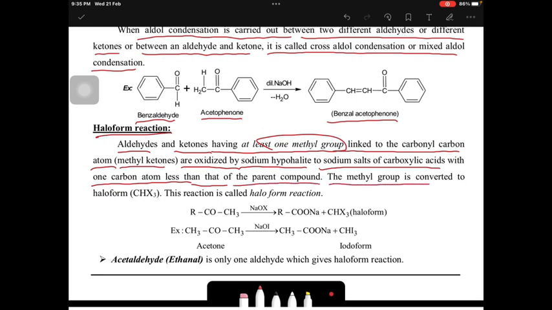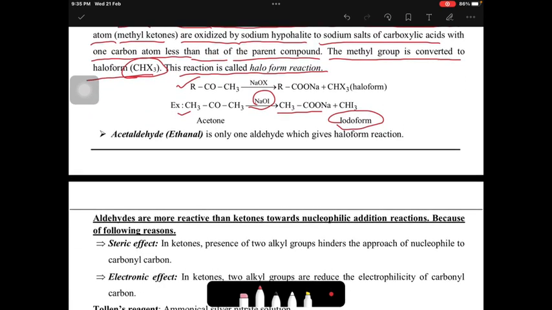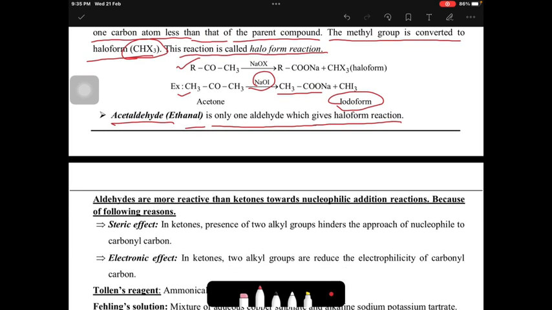The methyl group is converted to haloform, CHX3. This reaction is known as haloform reaction. In the general reaction, acetone treated with NaOI gives sodium salt of carboxylic acid and iodoform. Acetaldehyde, ethanal, is the only aldehyde which gives haloform reaction.